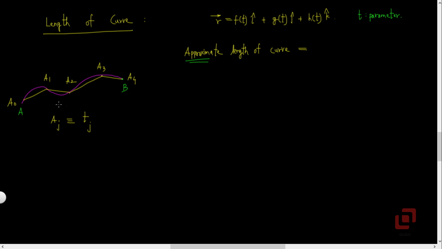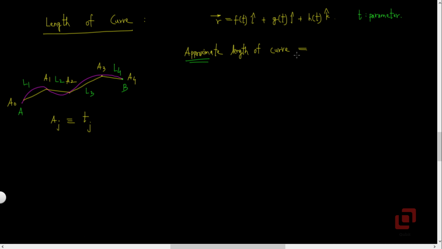We can do it by considering the straight line or the Euclidean distance between points A0 and A1, A1 and A2, A2 and A3, and A3 and A4. Let us call these lengths L1, L2, L3 and L4 respectively.